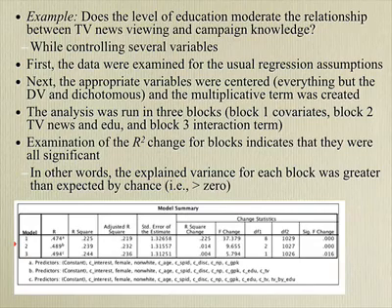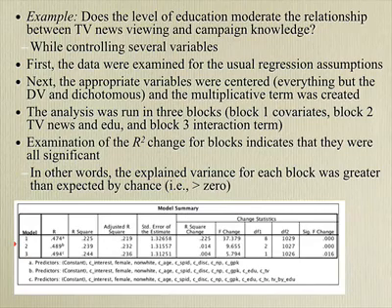And so in this case, we can see that our control variables explain a fair amount, 22.5% of the variability of our dependent variable, campaign knowledge. Small, medium, large? 0.225.